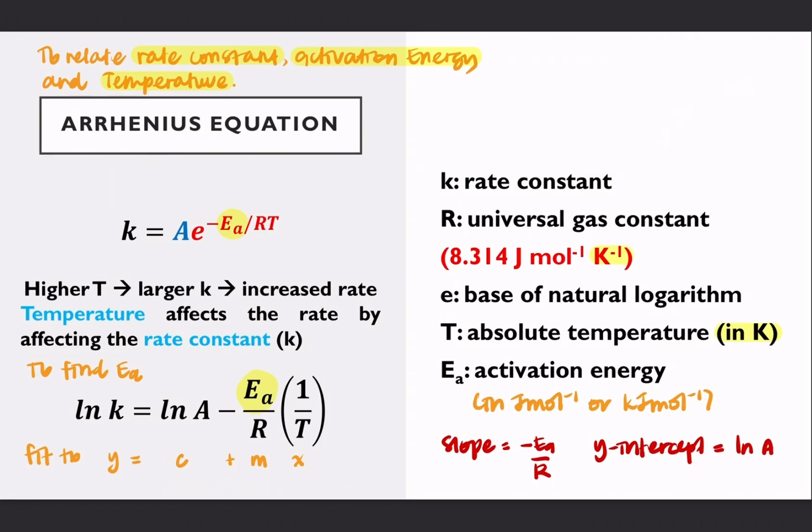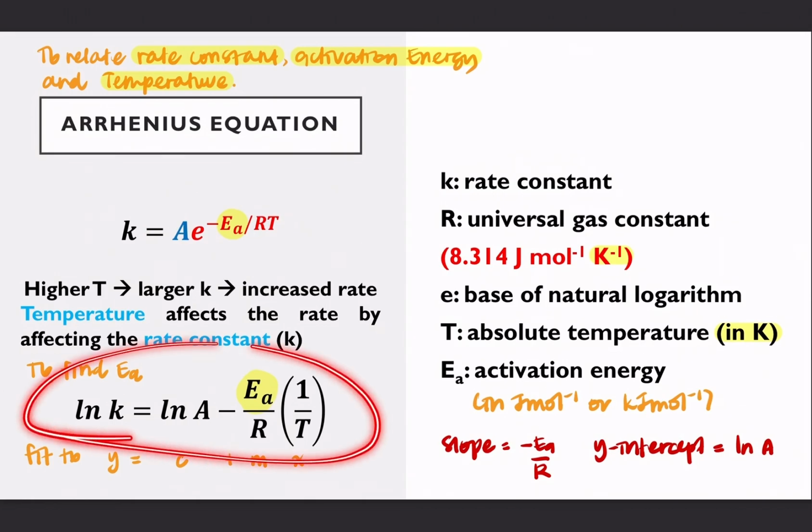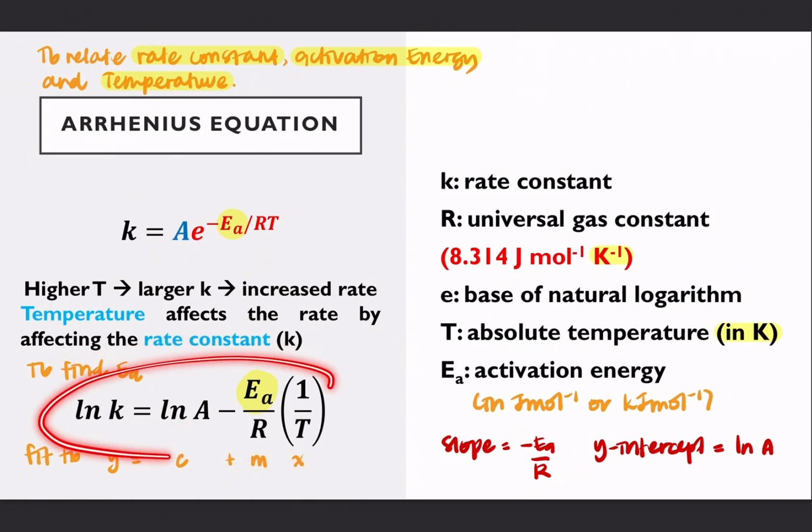So this is your Arrhenius equation, and if you log both sides, you will get this. You will use this form of the Arrhenius equation to find your activation energy. How will you do that?